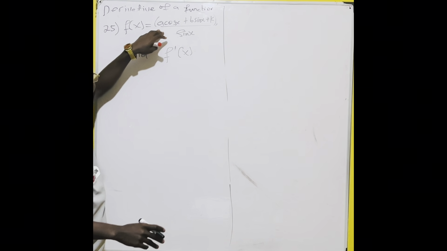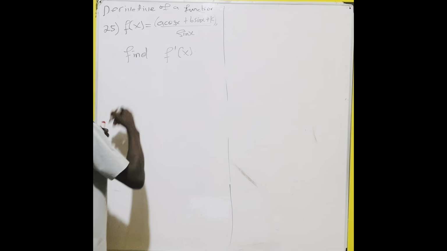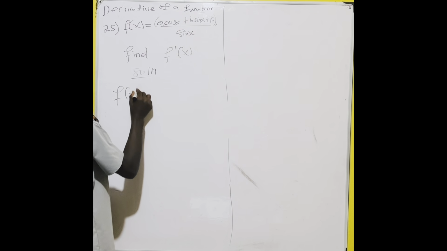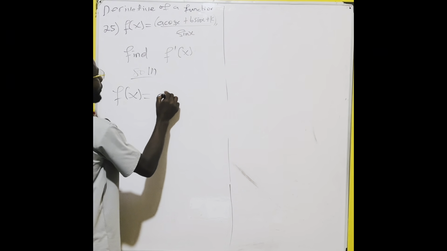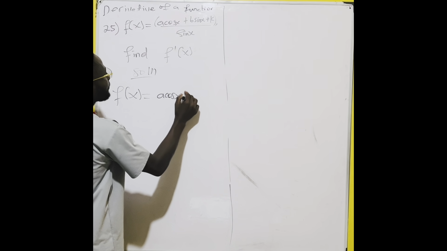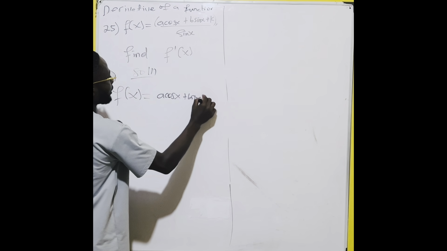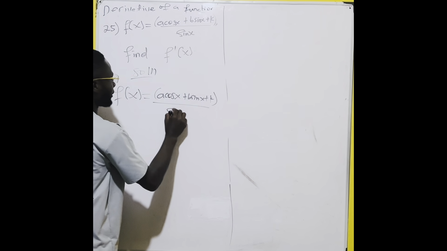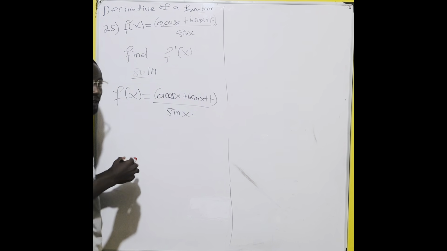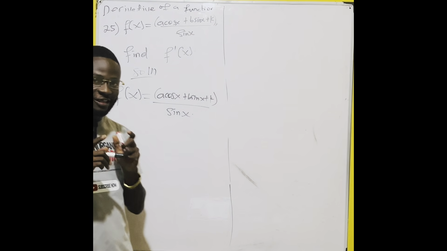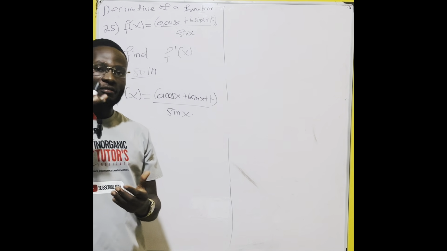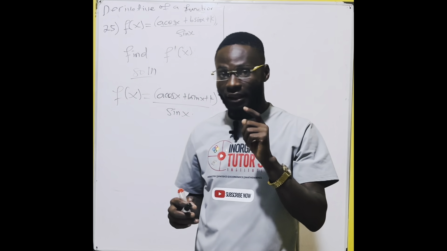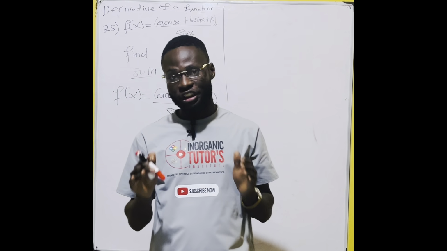First of all, our f of x equals a cos x plus b sine x plus k, divided by sine x. Whenever we have two functions dividing each other, we are going to use the quotient rule.